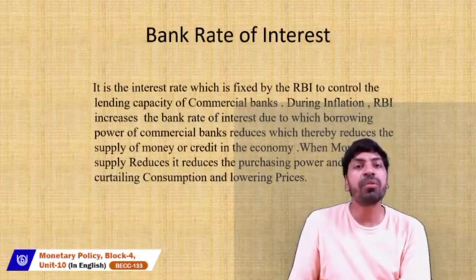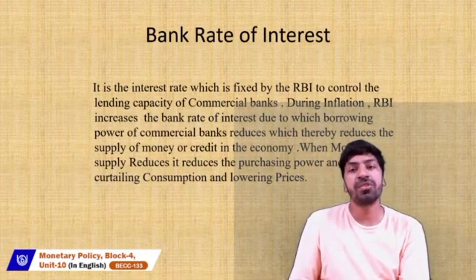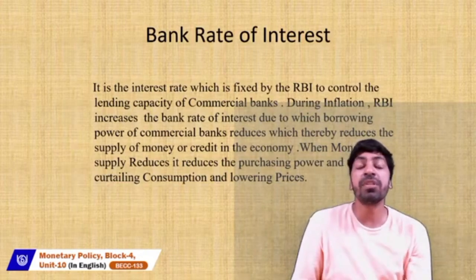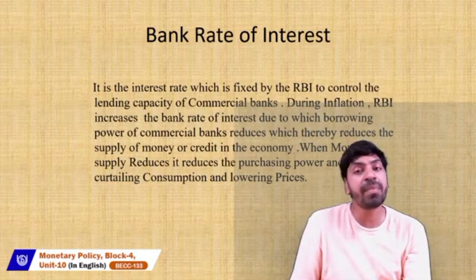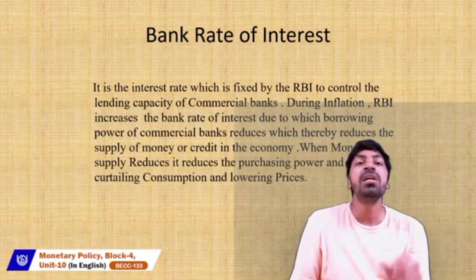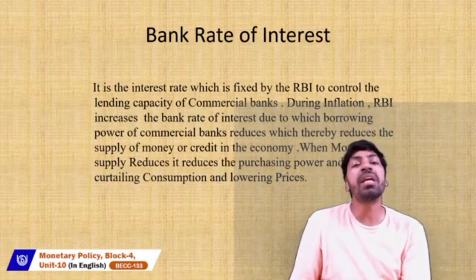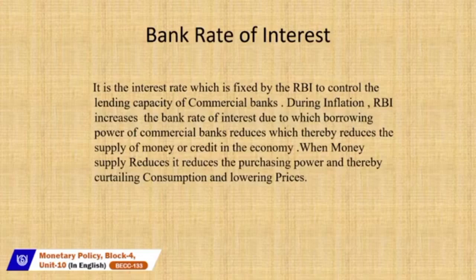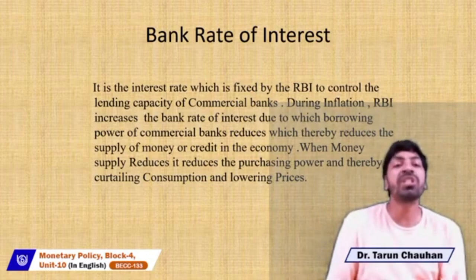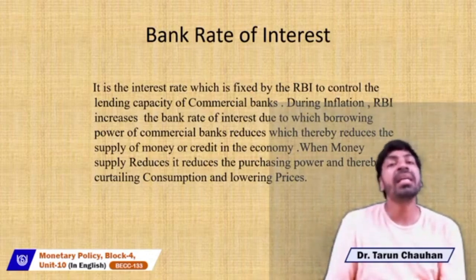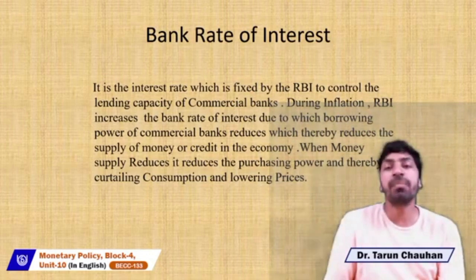Let's talk about the bank rate of interest. This is the rate of interest decided by the Reserve Bank of India, which controls the lending position or the credit capacity of the commercial banks.